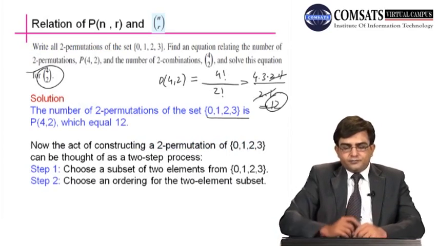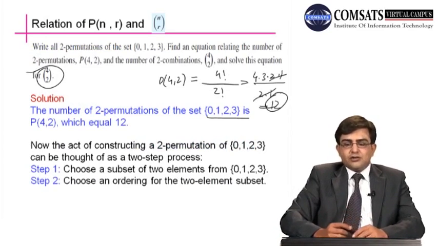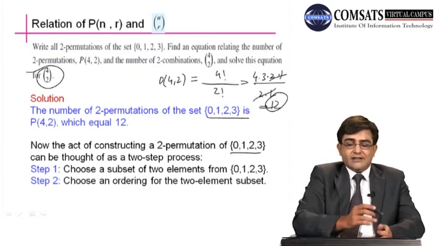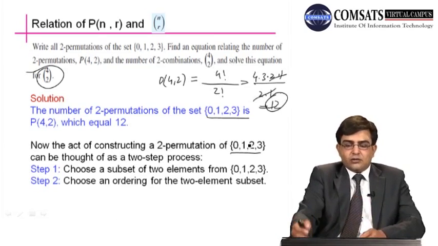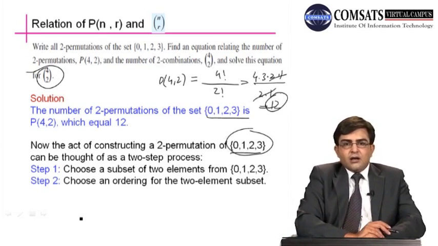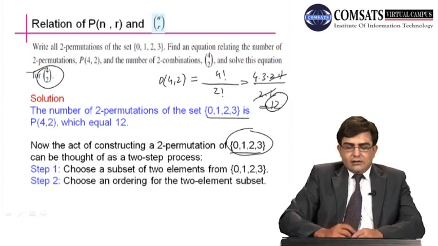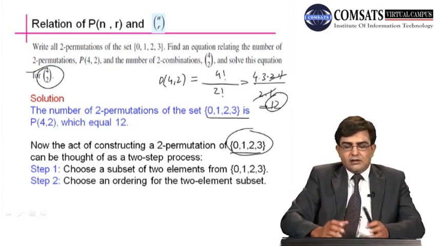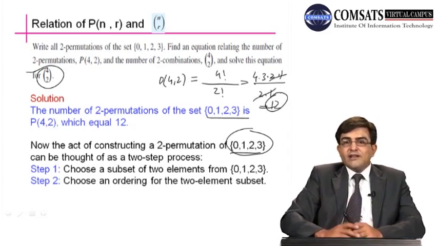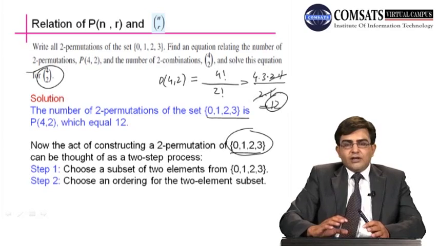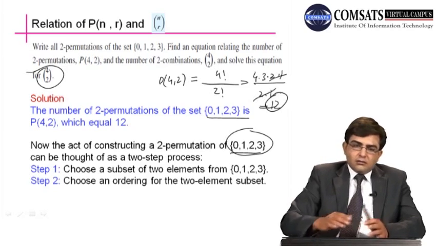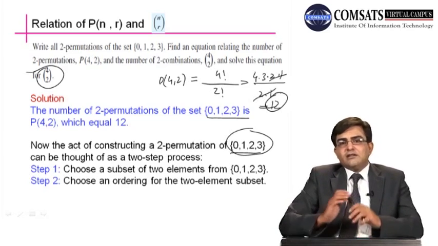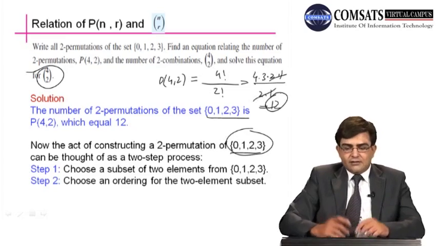Now how to construct 2 permutations, that is, the permutations of 2 elements out of these 4 elements. There is a process where we can use the combinations, the selection of combinations, and then we order those selections to get the number of permutations which is required.